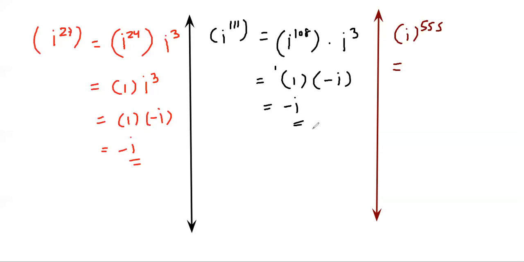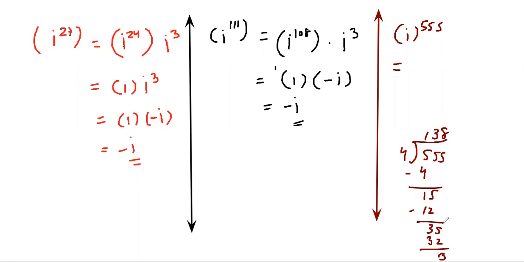If you feel that it is a very big number, how do you find the nearest multiple of 4? So what I will do, I'll divide this 555 by 4. 4 ones are 4. How much is remaining? 1, 15. 4 fours are 16. 4 threes are 12. Minus, we get 3, 35. 4 eights are 32. What is remaining? 3 is remaining. So 3 will be the remainder.